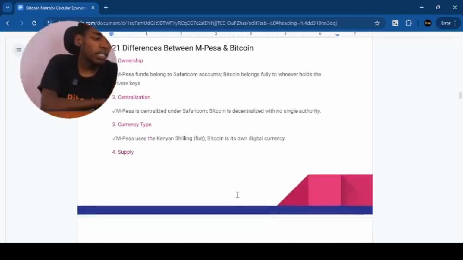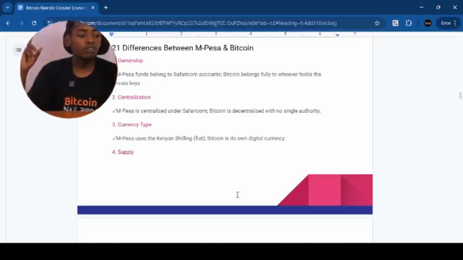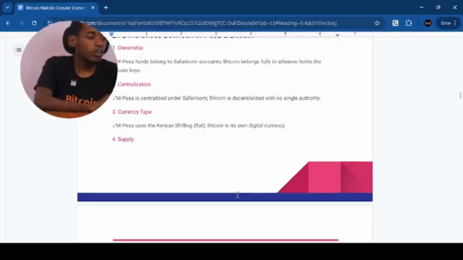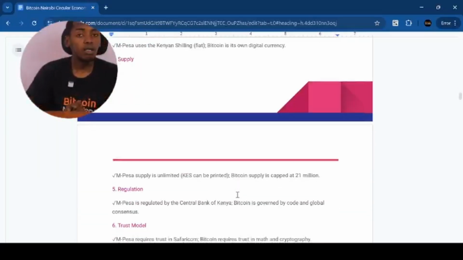Also number 3, the currency type. M-PESA uses the Kenyan shilling, which is fiat, but Bitcoin is its own digital currency. Bitcoin is a digital currency that is global. It's not linked to fiat, right? So in terms of supply, as you know, fiat can be printed, and that is what M-PESA is using.